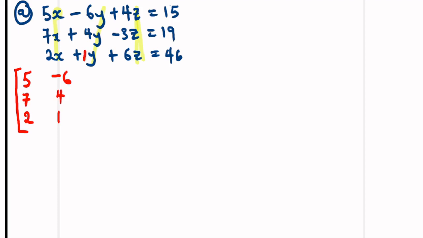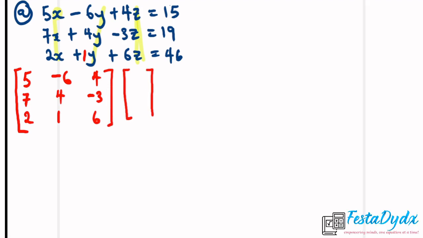Remember, there's an invisible 1 here. And for z, we have 4, minus 3, and then 6. Next we form the unknown values of this equation, which are x, y, and z. This is equal to 15 for equation 1, 19 for equation 2, and then 46 for equation 3.